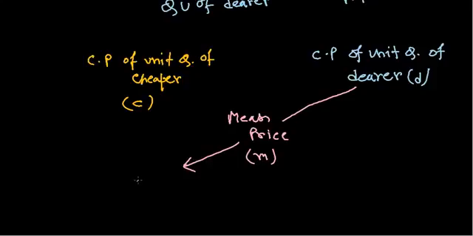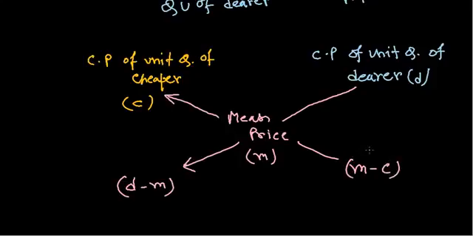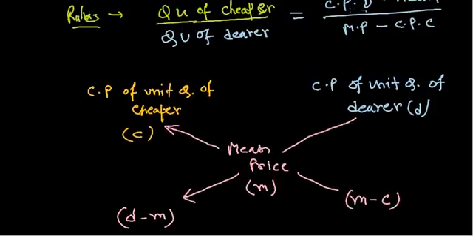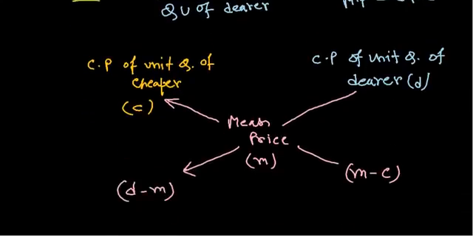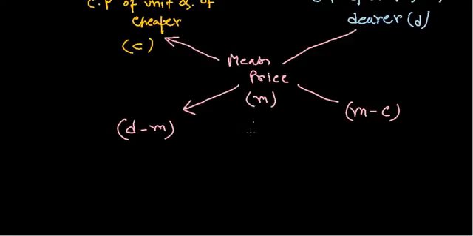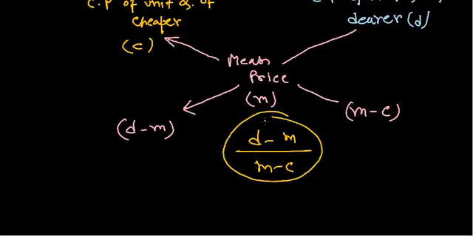We get d minus m, and going in the other direction we get m minus c. So in the top region we get d minus m, and in the bottom we get m minus c. So the formula is d minus m divided by m minus c. This is what we get as the mean price calculating values.